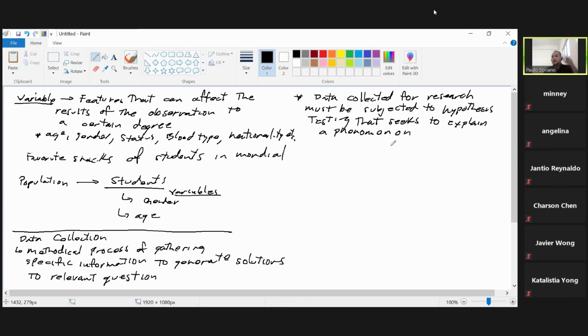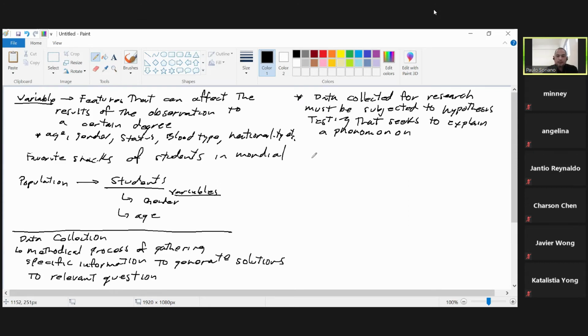That means once you collect data, depending on your purpose, you need to process it a bit. The data collected, especially for research, must be subjected to some testing. We call it hypothesis testing, that seeks to explain a phenomenon that is happening in our everyday lives. Okay, so this is very important.